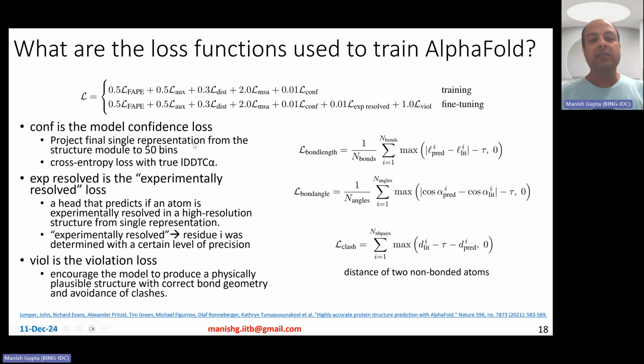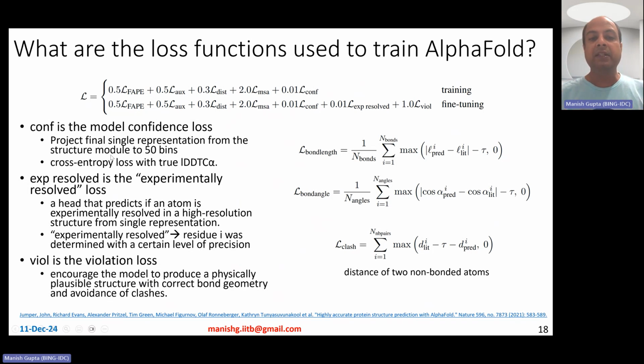Confidence is the model confidence loss. They project the final single representation that you obtain from the structure block. The structure block also gives you a single representation, and you map it to 50 bins.